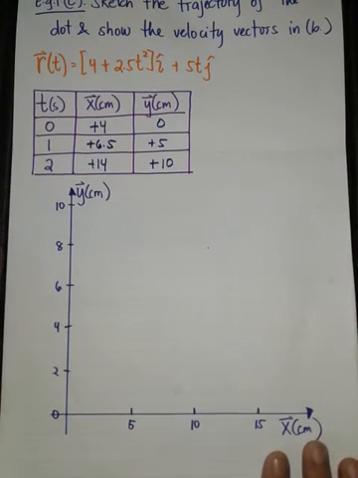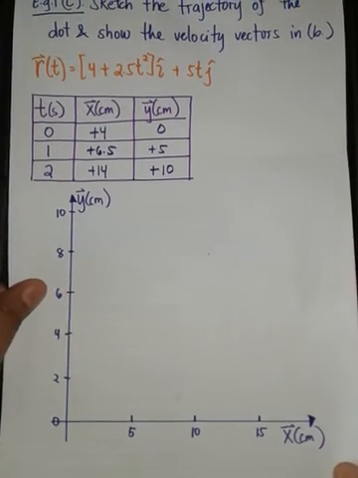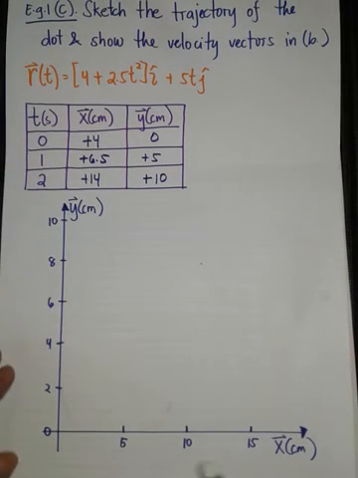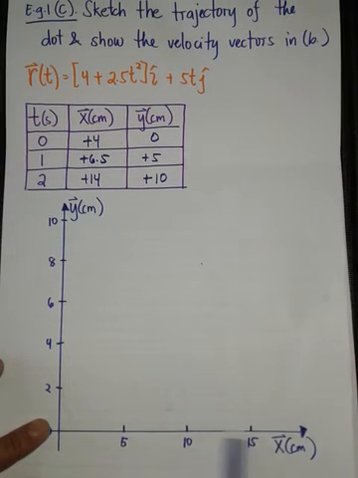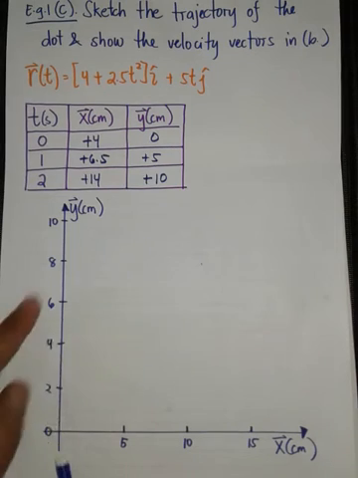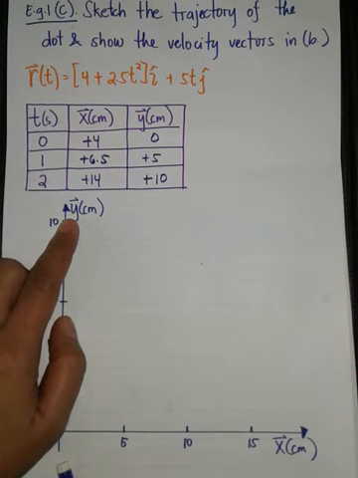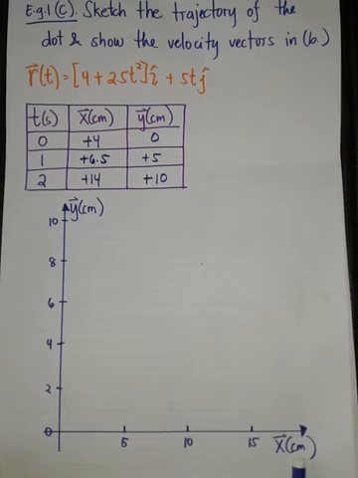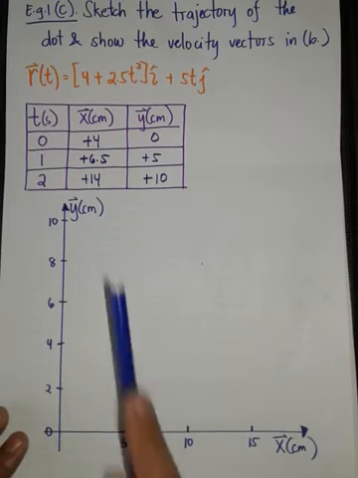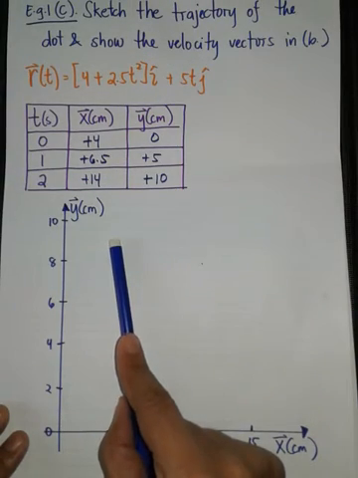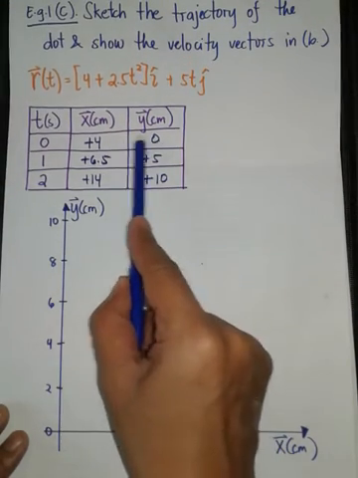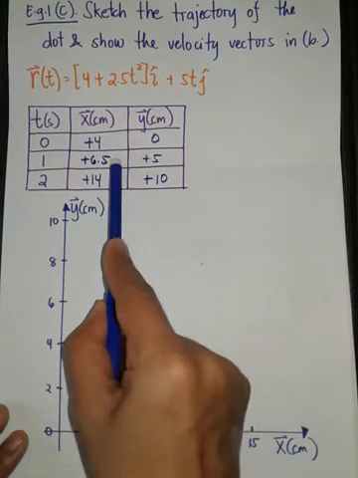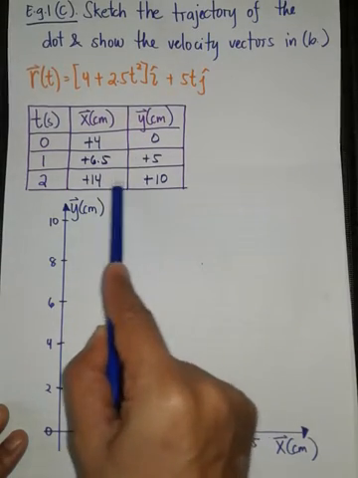In your graph now, this is different from position-time and from velocity-time, because this is a sketch of the trajectory. So for a trajectory, this will always be the x-axis and this is the y position. In this particular problem, the unit is centimeters. Our points are the coordinates of point 1, point 2, and point 3.